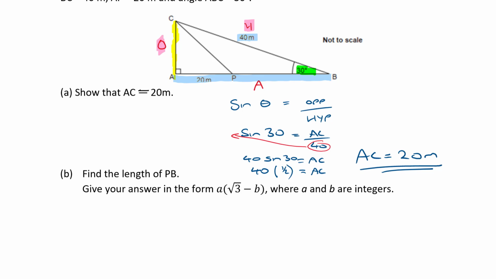Okay, so we're going to start off with wanting to find the adjacent. We know the hypotenuse. This time we're going to use cosine then, aren't we? Because cosine is equal to adjacent over hypotenuse. So let's start the same way. Cos of our angle is equal to the adjacent divided by the hypotenuse.